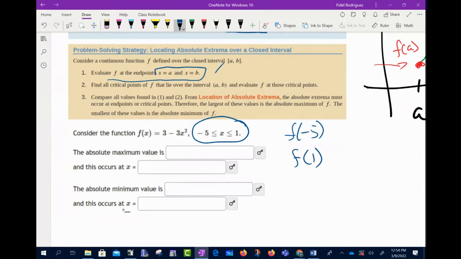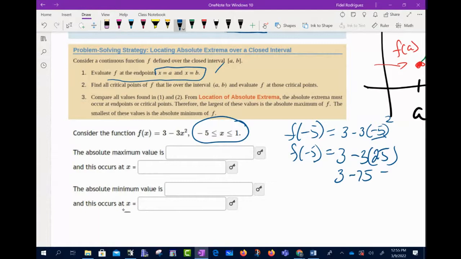Okay, so f of -5 is 3 minus 3 times -5 squared. Everybody agree -5 squared is 25? And so 3 minus 75, is that not -72? Okay. We also need to do this, y'all, at f of 1.